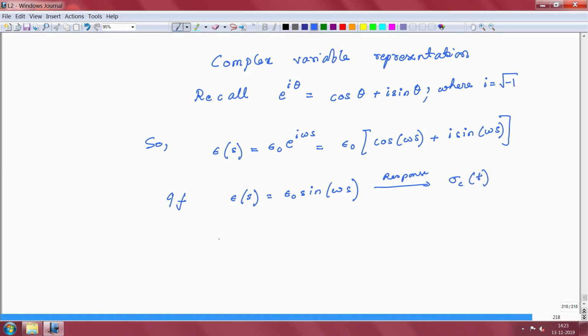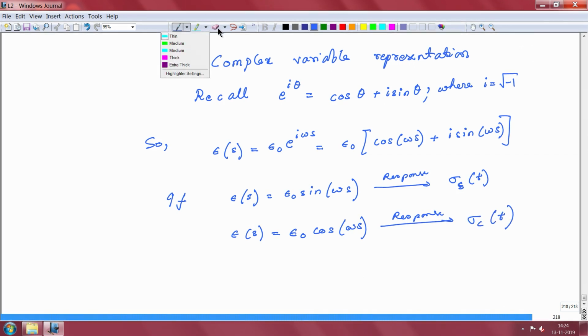And if you have the input as a cosine function, let us write s for sine and let us write c for cosine, okay. That will help us distinguish. Then the response is some sigma c of t. S for sine, c for cosine.